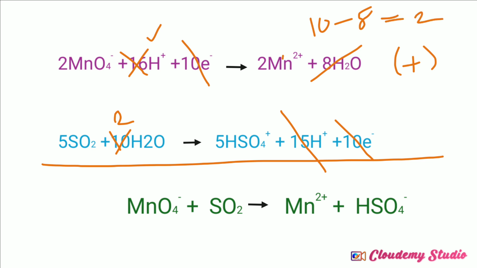The cancellation is done by subtracting the number of molecules. Any other same substances present on the opposite side? No. So the remaining substances we need to write as they are.